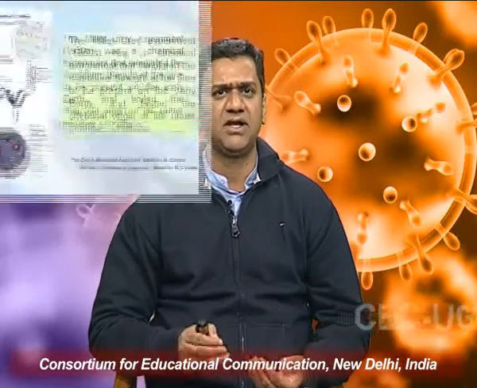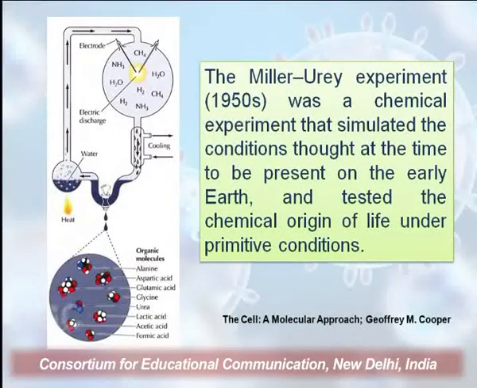One of the most important experiments was the Urey and Miller experiment, a chemical experiment which simulated the conditions of the early environment, to show how the chemical origin of life could arise under primitive conditions. In the experimental setup, there was a huge glass chamber which contained the primitive gases, mainly methane and ammonia, along with water and hydrogen.